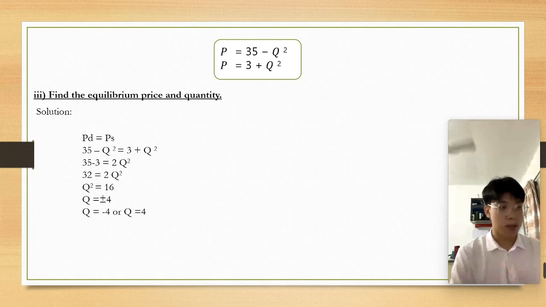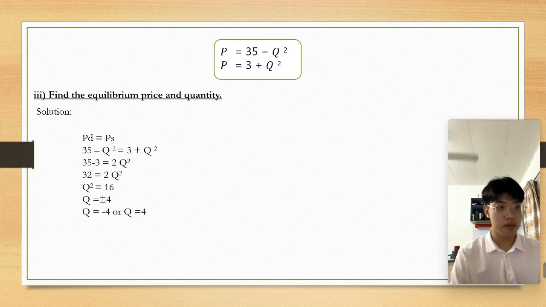After that, the square becomes a square root of 16, and then we get minus 4 and 4. In mathematical economics, we only use positive numbers.